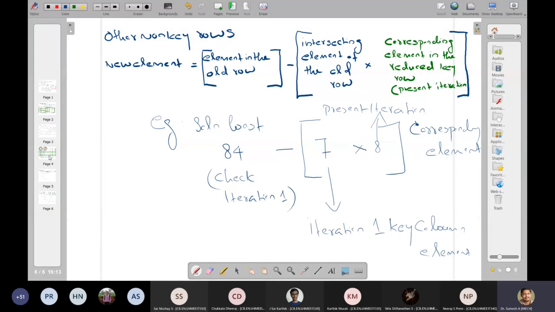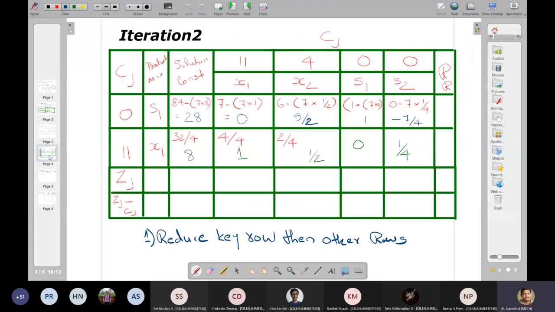Now calculate Zj of the solution constant. How will it be? Under here, where my mouse cursor you are seeing, what will the value be?